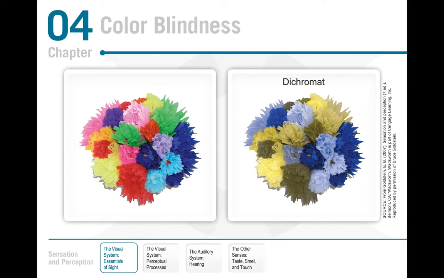Most people are either insensitive to red, insensitive to green, or insensitive to blue, although insensitivity to blue is more rare compared to insensitivity to red and green. So the three common deficiencies that we see support the notion that there are three sets of receptors for color vision.